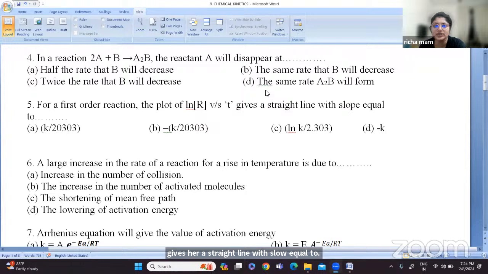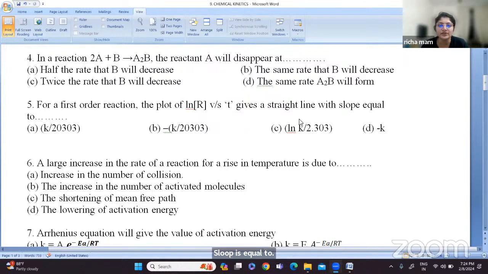AK has answered it as A, Dhanush has answered it as D. So when you plot ln R versus t, it gives a straight line with a slope which is, for first order kinetics, equal to minus k.